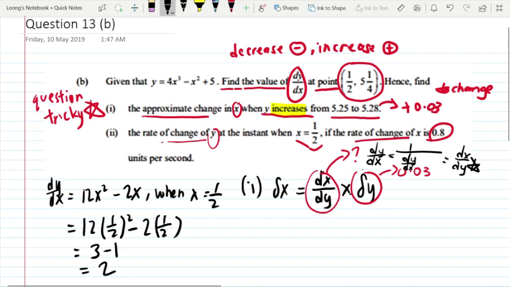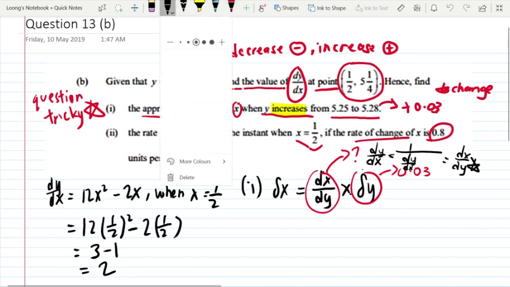Now we just find out what dx/dy is first.